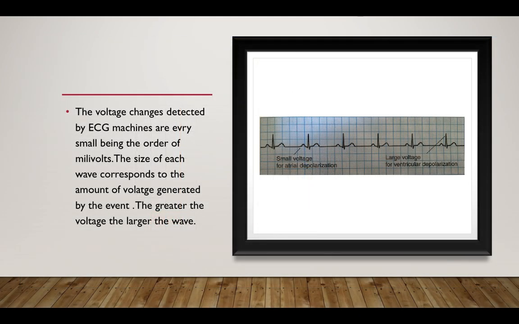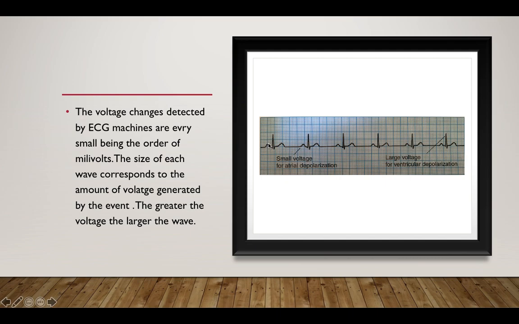So what do you know about the ECG representation on the graph? Will the waves remain the same in amplitude and duration? No, it changes. It's a very basic thing. In the beginning I said the SA node is the pacemaker of the heart, with an impulse rate of 60 to 100. The SA node produces the impulse, and the waveform shown is like a P wave. That's atrial depolarization.